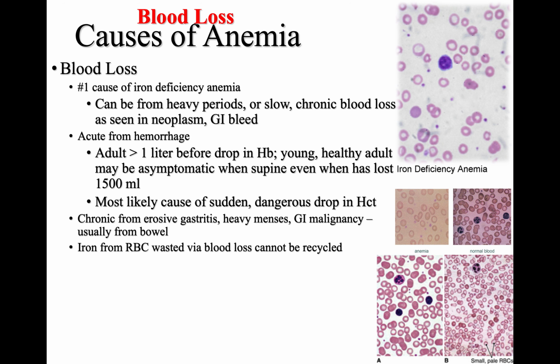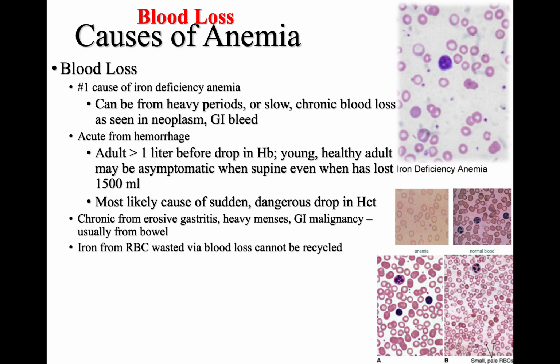Blood loss is another cause of anemia. The number one cause, again, is iron deficiency anemia. It can be from heavy periods in a woman, or menorrhagia, or slow chronic blood loss as seen in a neoplasm, any cancer, anywhere that's causing a problem with the blood system, or a GI bleed. Acute loss is from hemorrhage. An adult has to basically lose greater than a liter before a drop in hemoglobin.